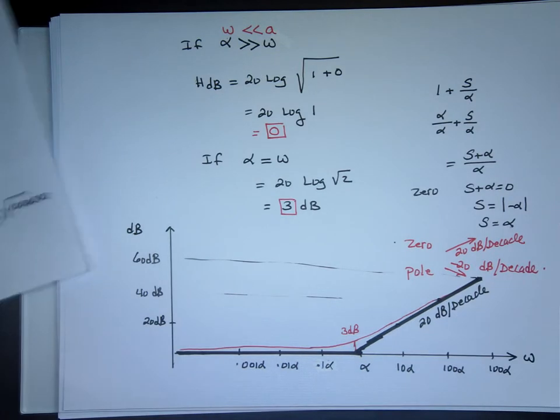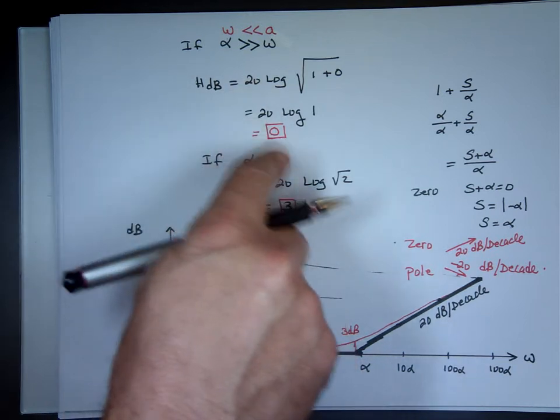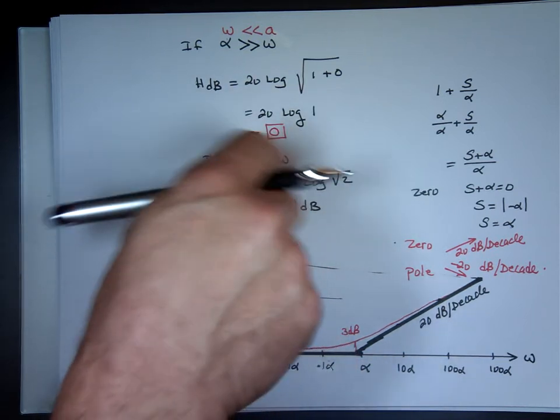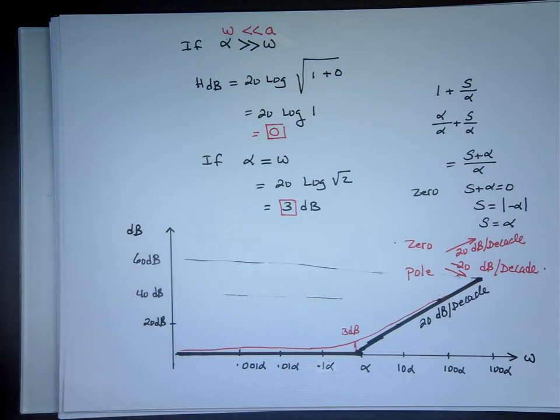So once we understand that, I can take any expression now and graph it without having to go through all these calculations. I just want to prove that to you here and go from there.